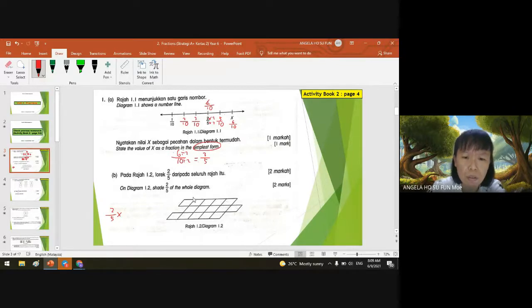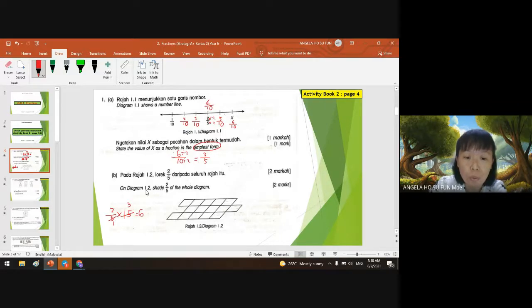You can count: 1, 2, 3, 4, 5, 6, 7, 8, 9, 10, 11, 12, 13, 14, and 15. They are altogether 15. So I'm going to multiply by 15. I can cancel with the times table of 5. 5 times 1 is 5, 5 times 3 is 15. So when you multiply 2 times 3, it will be 6.